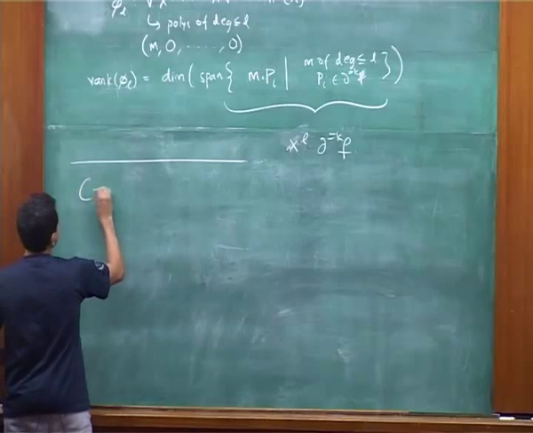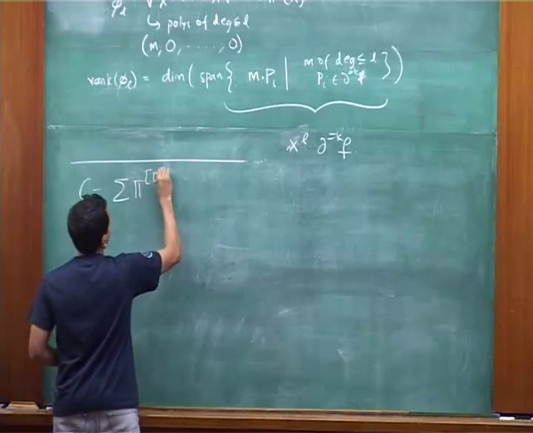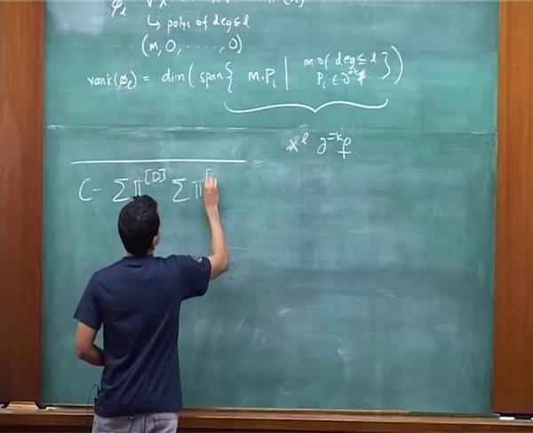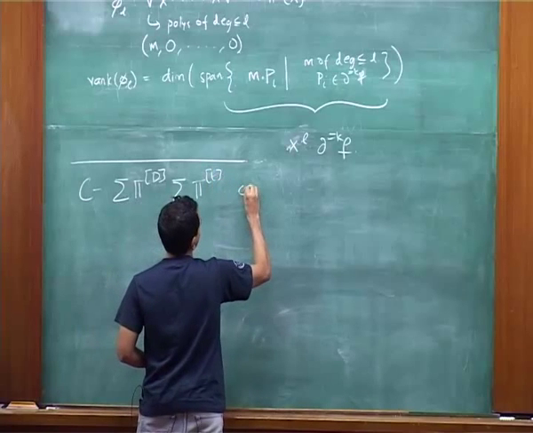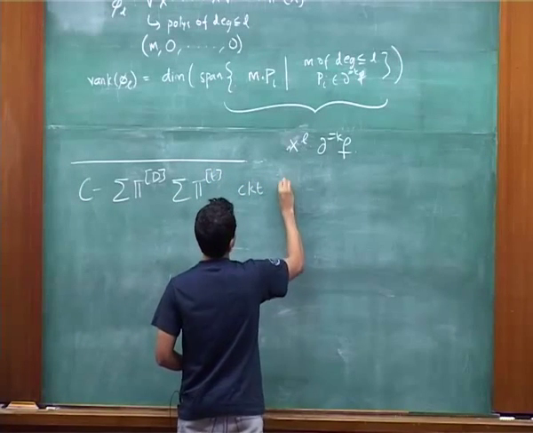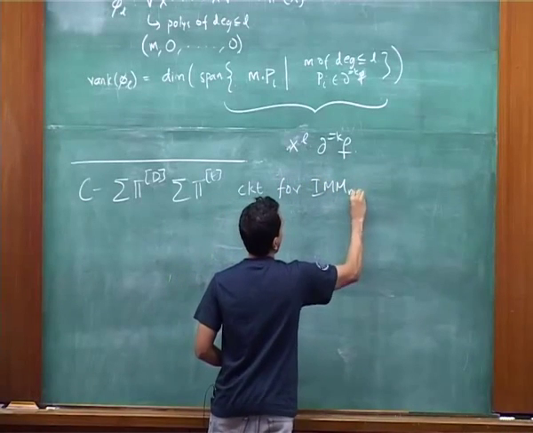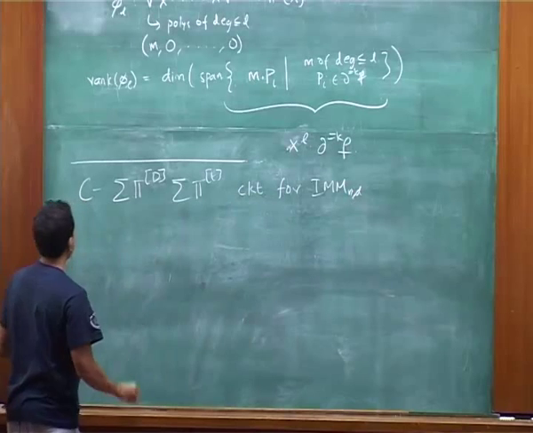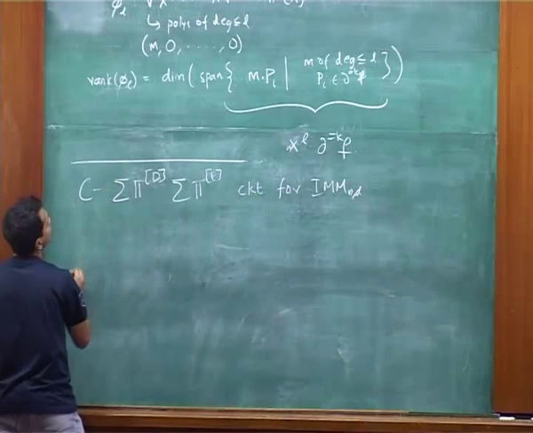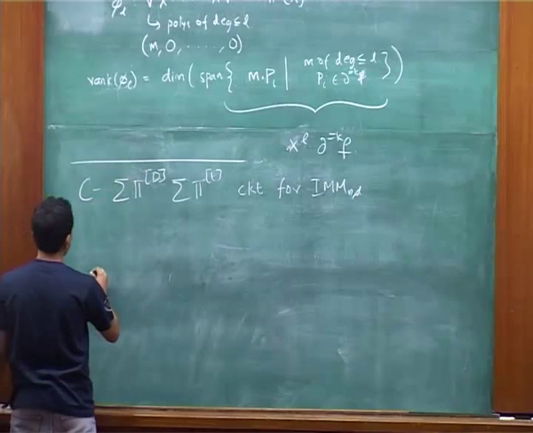So let's say C is a sigma pi circuit, say, doesn't matter, circuit or formula. What can I say about the dimension of this span of C, the complexity measure of C?